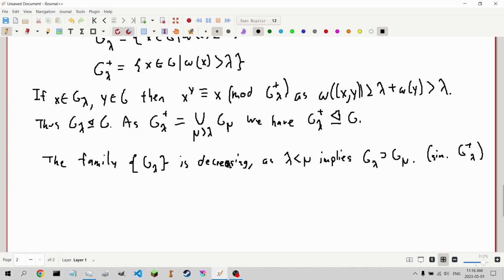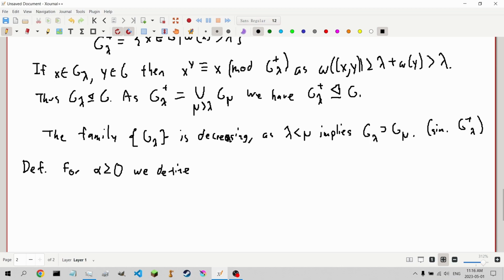Another definition here. We're just going to keep building stuff up here. For all alpha at least 0, we're going to define the GR. I don't know what that actually is supposed to stand for.